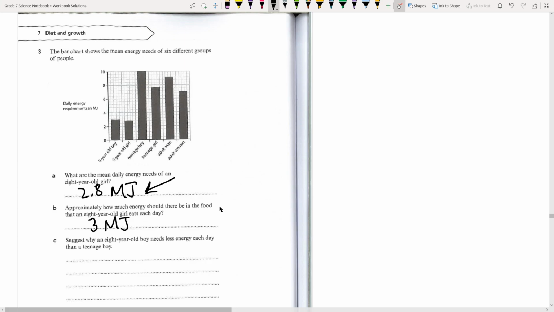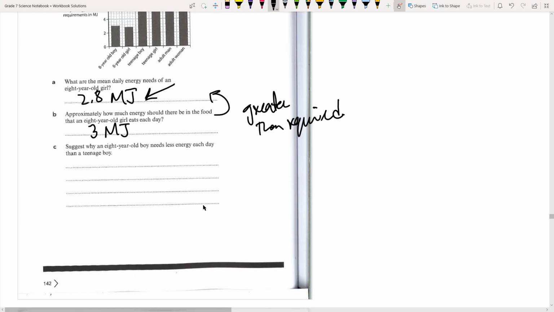Greater than required. If you eat only as much as required, some of it may not get absorbed, and you will have a deficiency of energy. So you need to eat slightly more than your requirement, so that if some of the food is not absorbed, it is still covered.